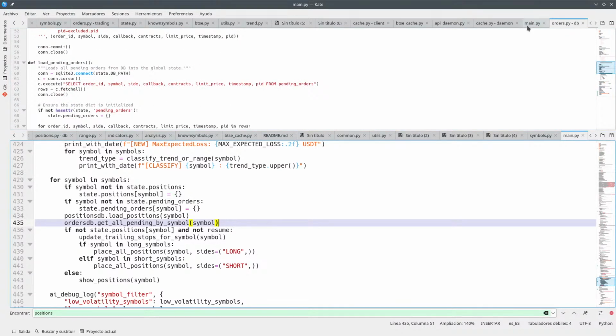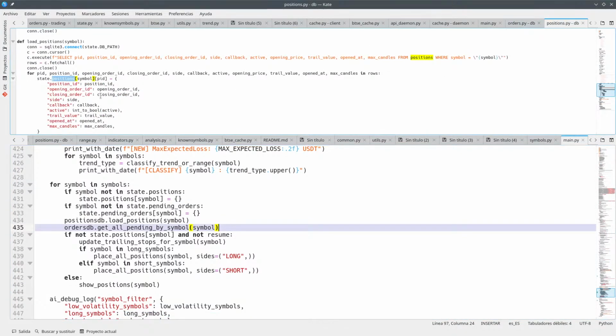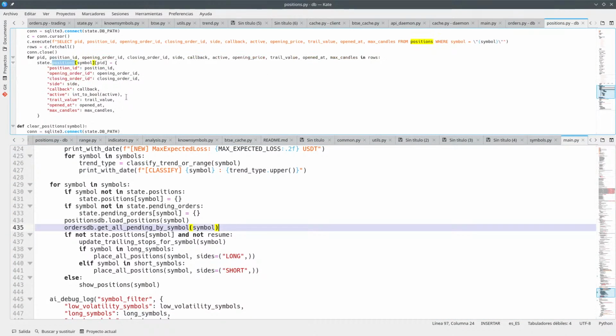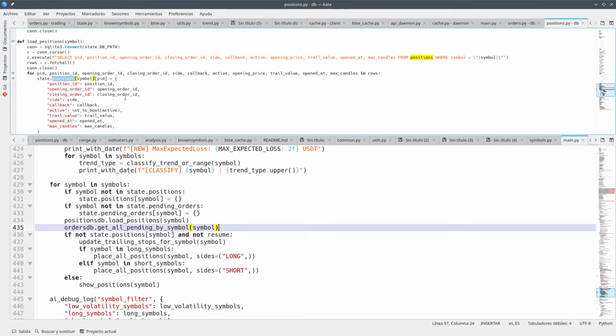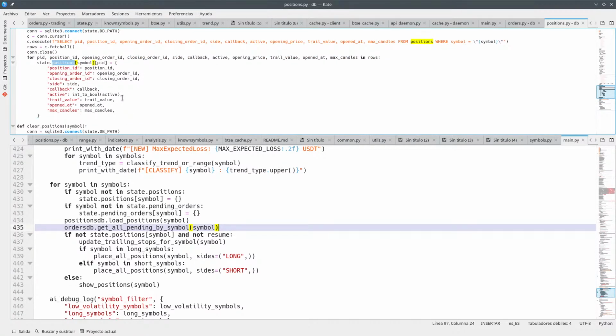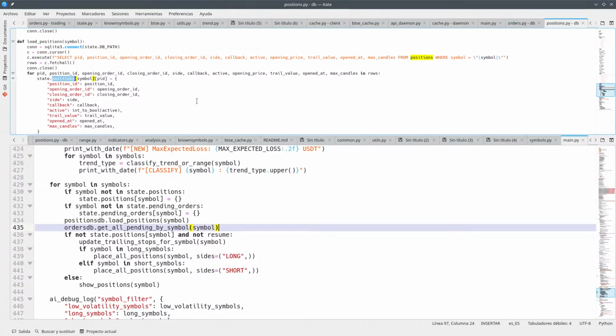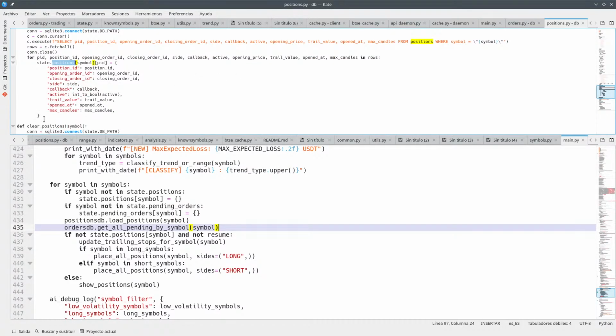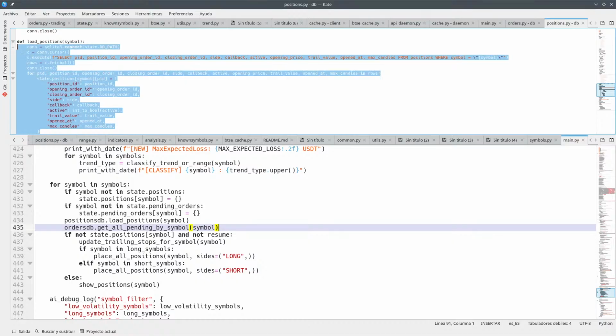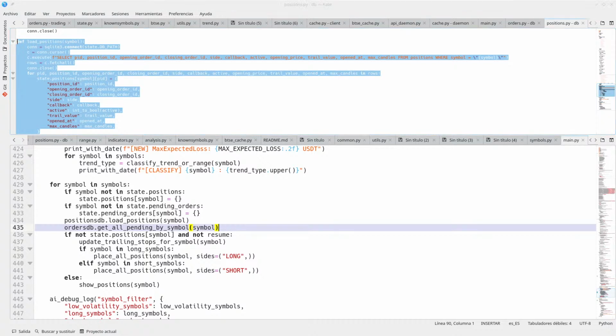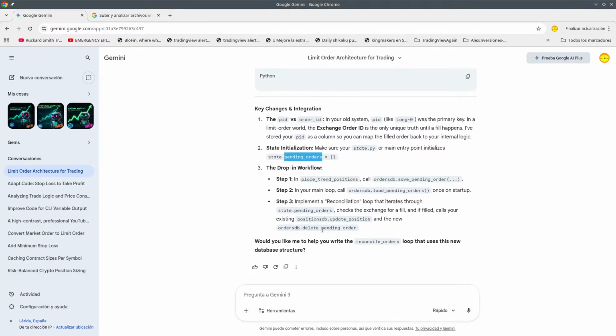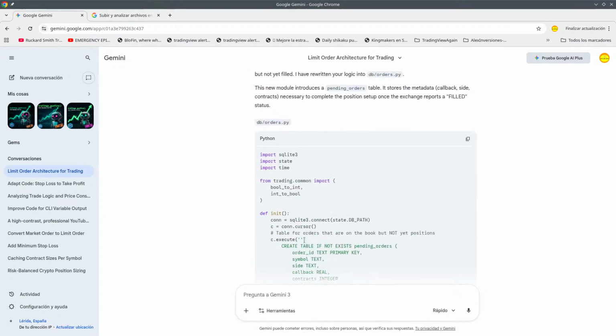So I'm seeing that some of the stuff has not been done properly. So load positions is like give me all of the positions from here and so Google Gemini limit order.